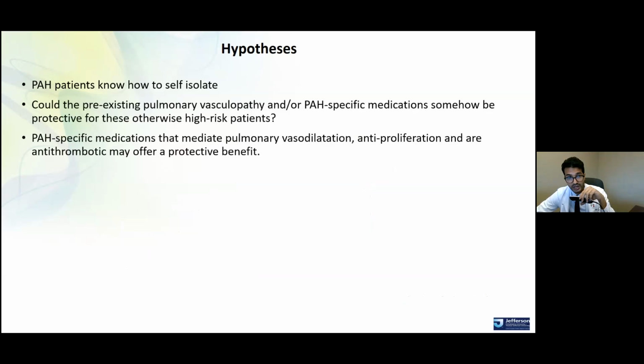Could the presence of pre-existing pulmonary vasculopathy, or being on these PAH medications that also have additional anti-proliferative and anti-thrombotic efficacy, be providing some protective benefit against this infection?